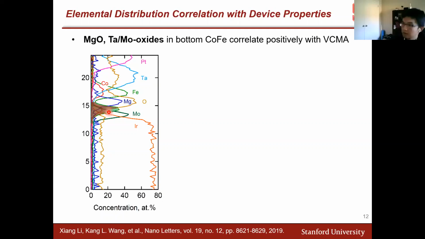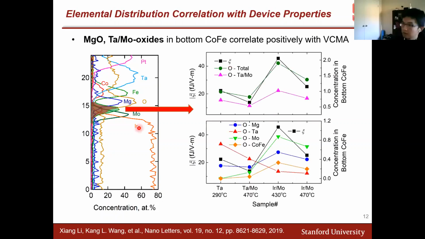Okay, so we can compute this oxygen overlap with iron for all 4 different stacks, so the 4 different samples. We can plot that area as a function of these 4 samples, and we can see here that the VCMA coefficient, the black dots, actually follows the oxygen distribution very well.